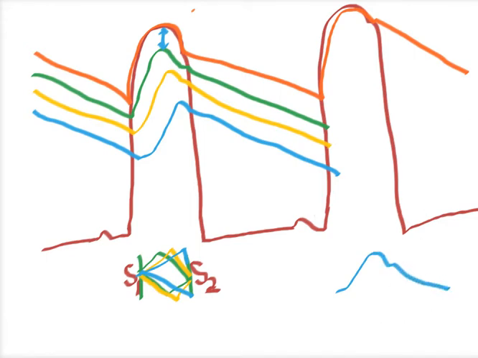But in a patient with severe aortic stenosis, the pulse is delayed and it's weaker. So we're getting more and more severity here. As you get into very severe aortic stenosis, your pulse is delayed and it's weaker. And this is called pulsus parvus and tardus. Tardus is late, parvus is weak.